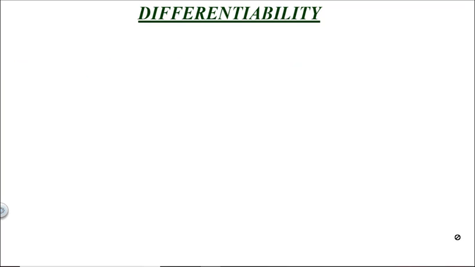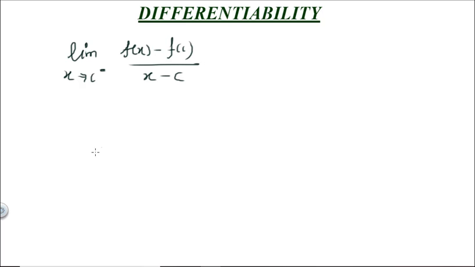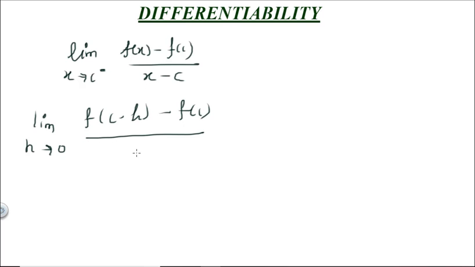Okay. Now, how do we check the differentiability? Just to see, we will get the limit x tending to c minus of (f of x minus f of c) upon (x minus c), which is the limit h tending to 0 of (f of c minus h minus f of c) upon, when you write c minus h minus c, minus h.